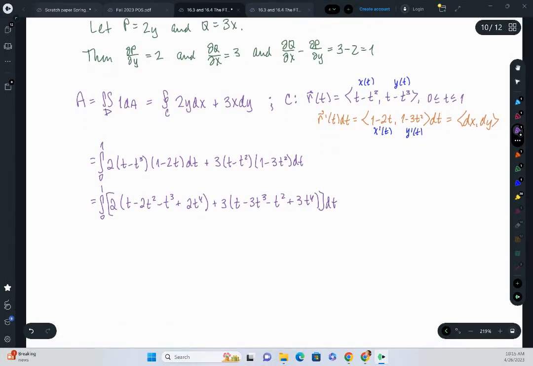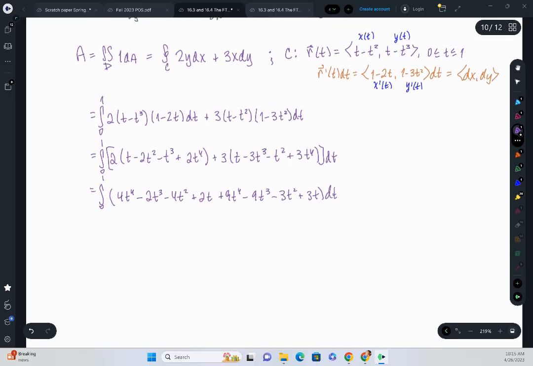Okay, 2 more steps. Integral from 0 to 1 of, it looks like we've got 4t to the 4th minus 2t cubed minus 4t squared plus 2t. And then we have plus 9t to the 4th minus 9t cubed minus 3t squared plus 3t dt.